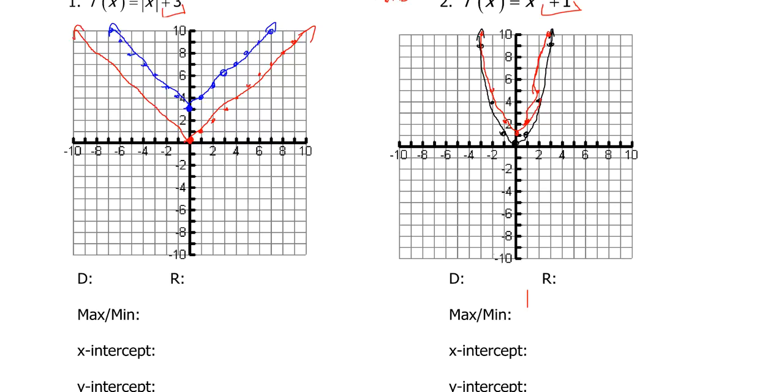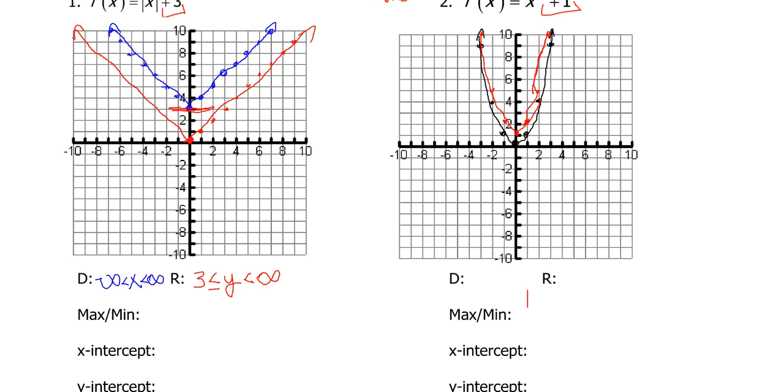So our domain for this absolute value function, you go back and finish this. So the domain is going to be negative infinity less than x less than infinity. And the range, if you'll notice, gets cut off right here at 3. It doesn't go any lower than 3. So we incorporate that. That's going to be 3 less than or equal to y less than infinity.